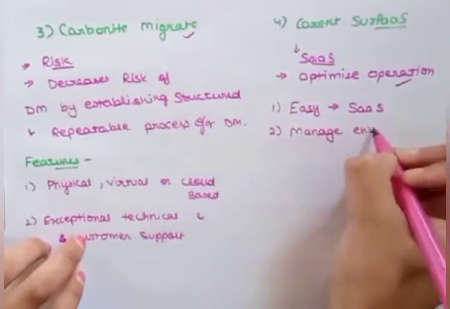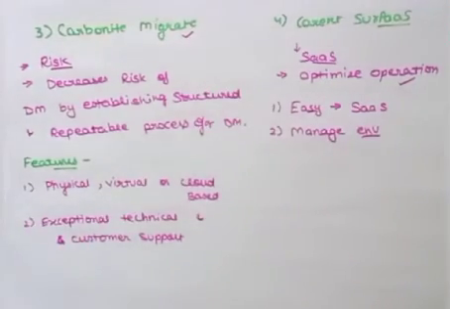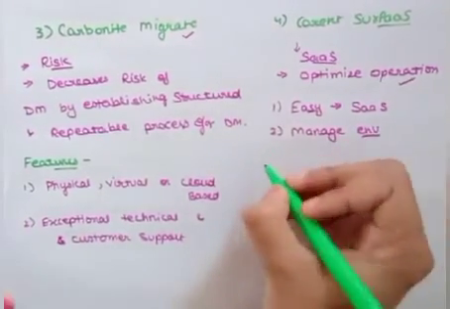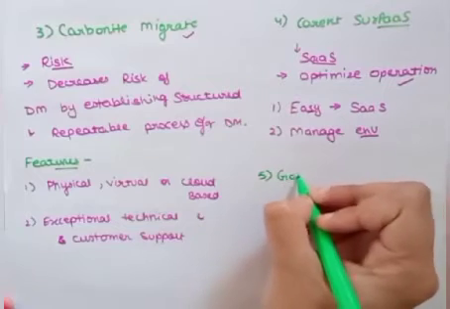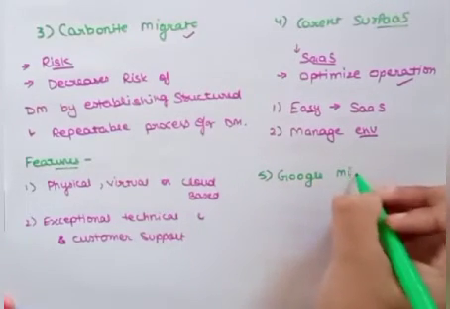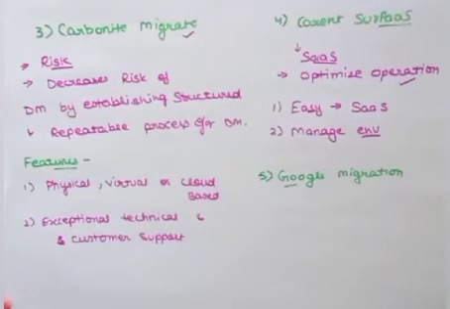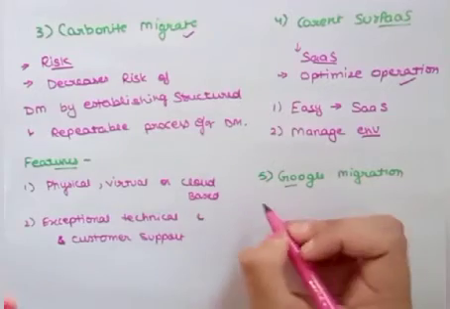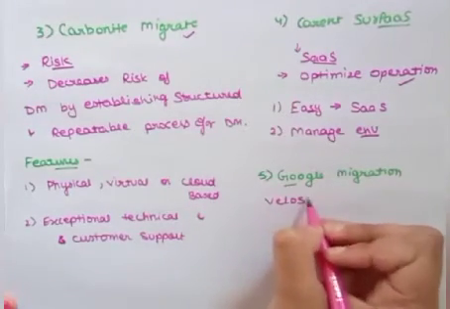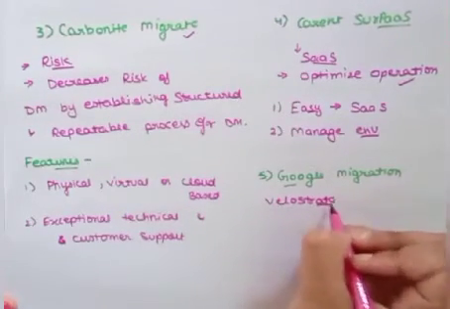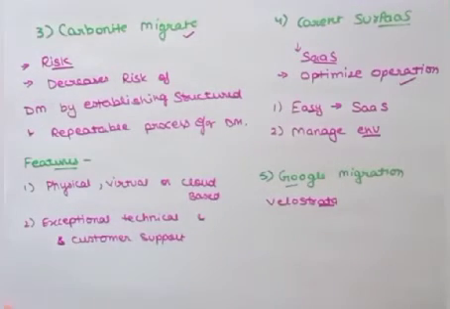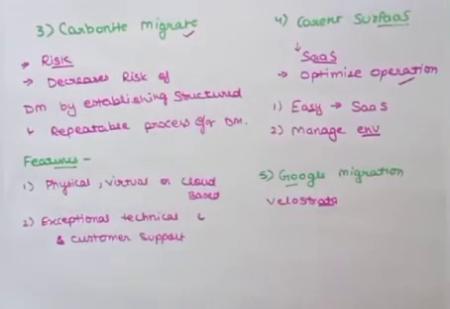We have discussed this here, that it is used to manage each application's environment. And the last tool we have is Google Migration. This is provided by the Google company, and it is also known as Velostrata. Okay, also known as Migrate for Compute Engine.